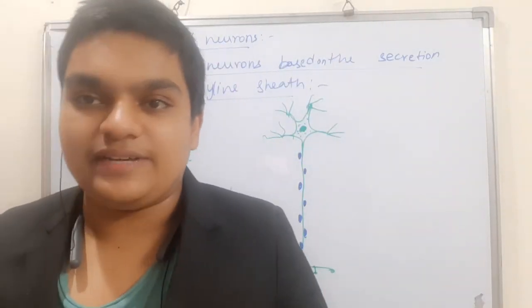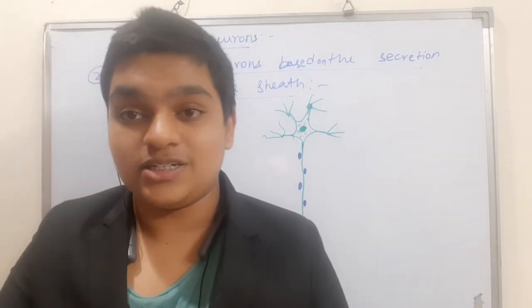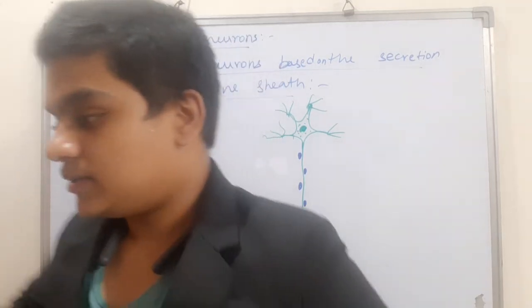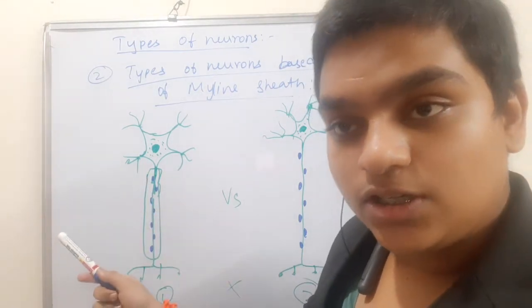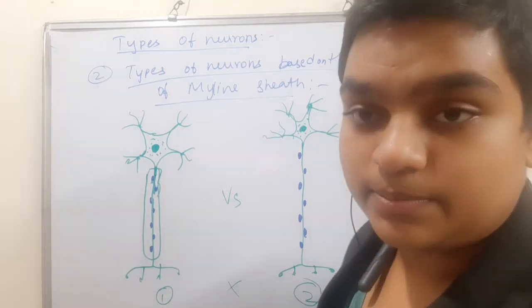That's the simple difference. But there are Schwann cells in the second type too, but they do not secrete myelin sheath. Whereas here, in the first type, there are Schwann cells and they secrete the myelin sheath.